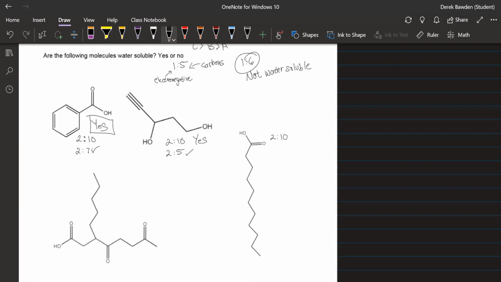How many carbons in this molecule? 11, I think. 11, right? So we have broken our rule, which means it is not water soluble.